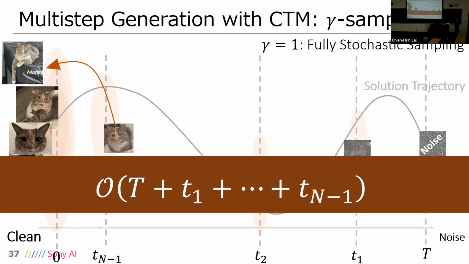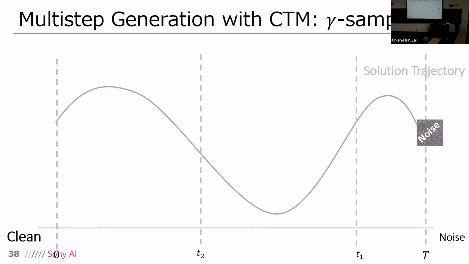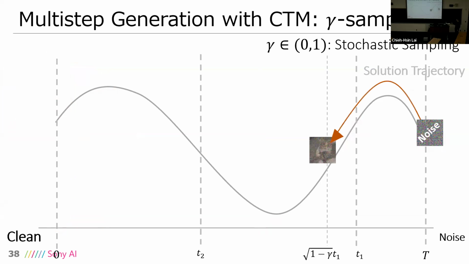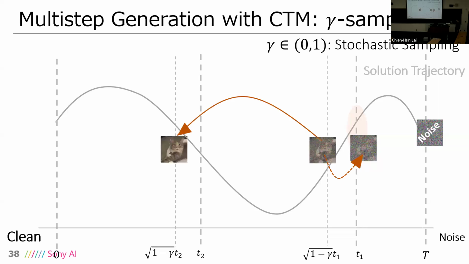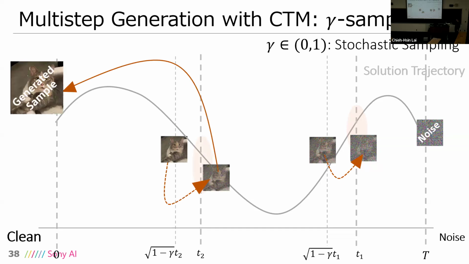For gamma in between, you can somehow imagine that we can do certain interpolation. What I mean is we denoise to the 1 minus gamma level of noise, and then perturb it, and then do a long jump to a less noisy level, scaled with the square root of 1 minus gamma, and then perturb it back and repeat this kind of backward-forward process.